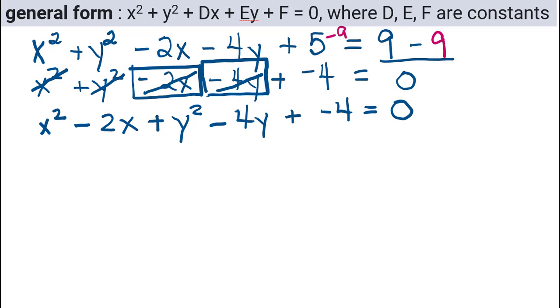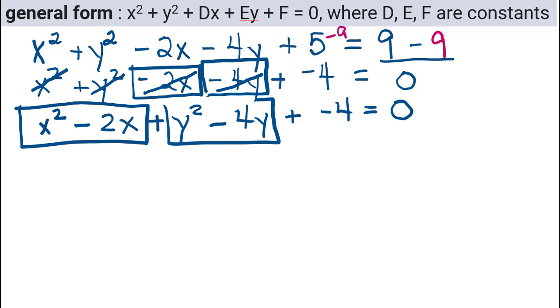So we're going to look at this first. And if you remember in algebra, if we had something like this, we could complete the square. We're actually going to complete 2 squares. We have 2 parts.